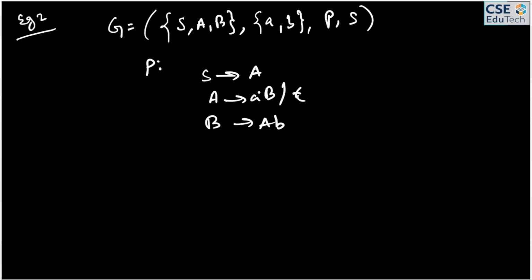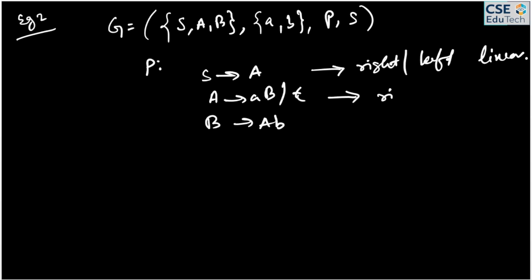Clear? Now here in these productions, it may be right or left linear. Clear? In this production, it is right linear. Clear? In this production, it is left linear.